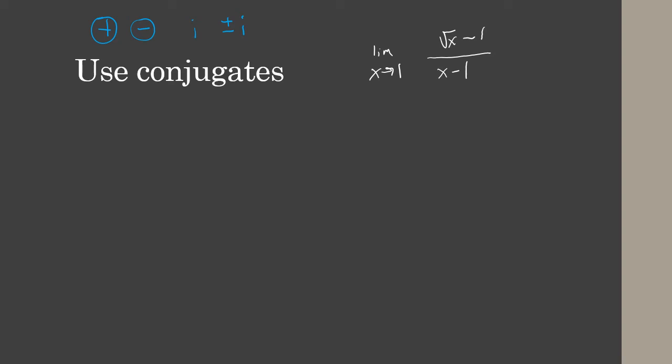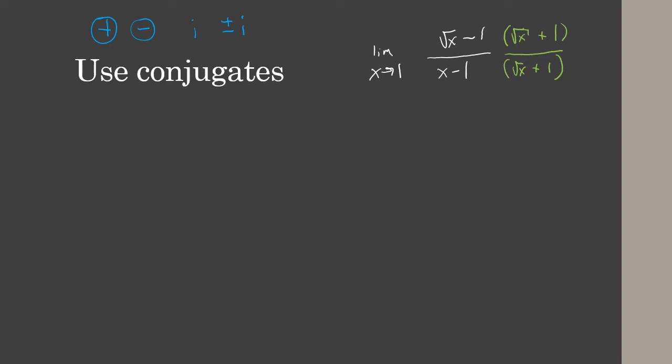simplify our life. So we're going to rewrite this as, here we've got this radical x minus 1. So the conjugate pair is going to be radical x plus 1 over radical x plus 1, because we're really just multiplying the function by 1, and that's allowed.